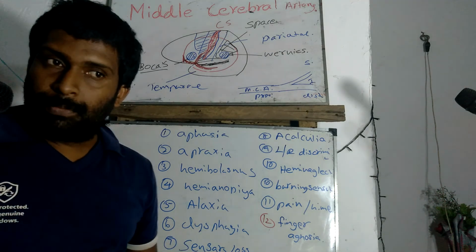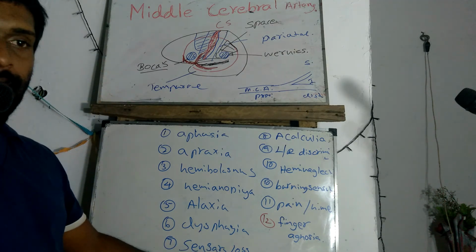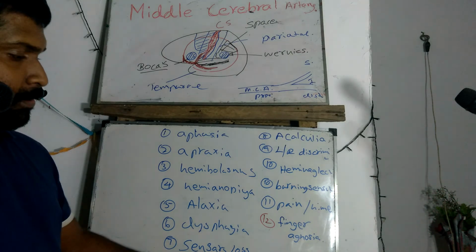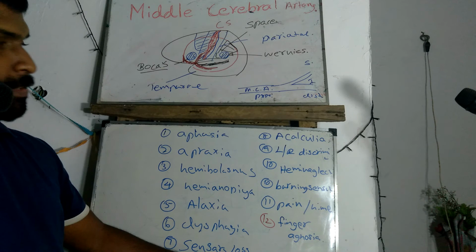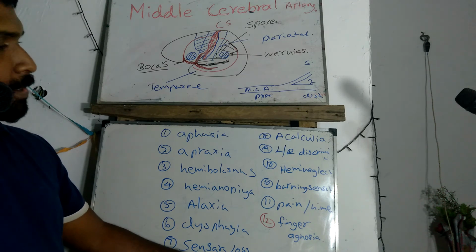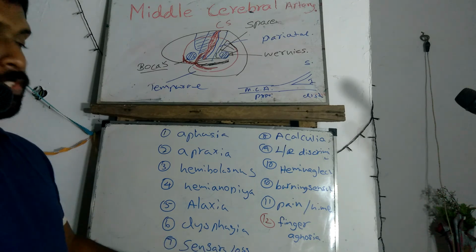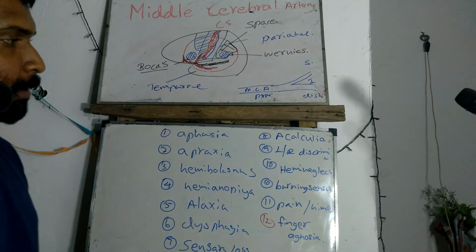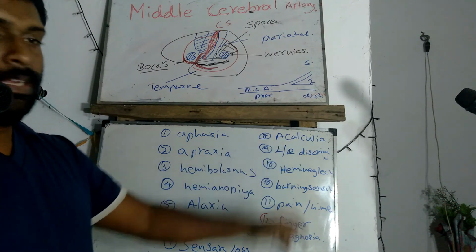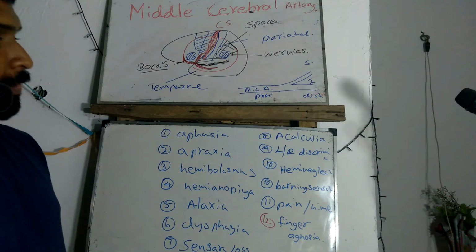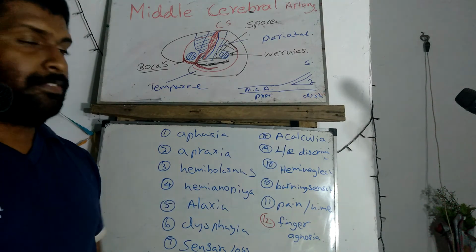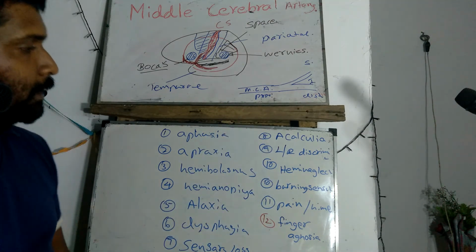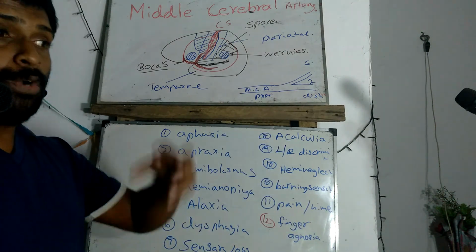Dysphagia, the swallowing problem. Sensory loss in this area, or sensory aggravation, numbness and various sensations happen in this affected hemi area. Acalculia, small mathematics. Can't correct left and right discrimination, can't identify left side and right side. Hemineglect is the most important.